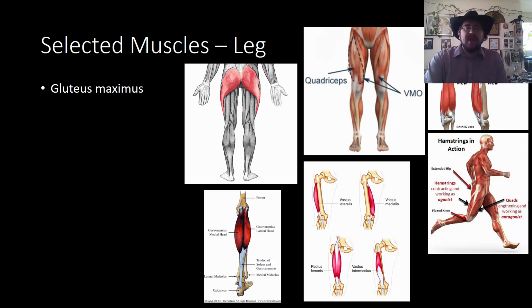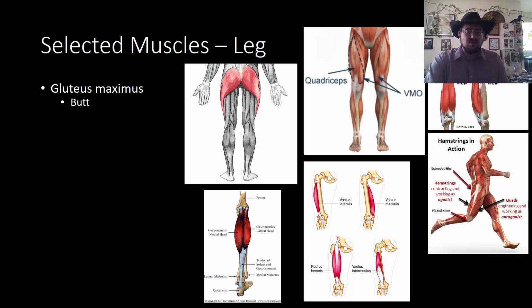So, we have the gluteus maximus, which is your butt. Your butt muscle is gigantic. I think by mass, it's the largest muscle in the human body. So it originates basically on your butt crack there, and it inserts down along the femur.